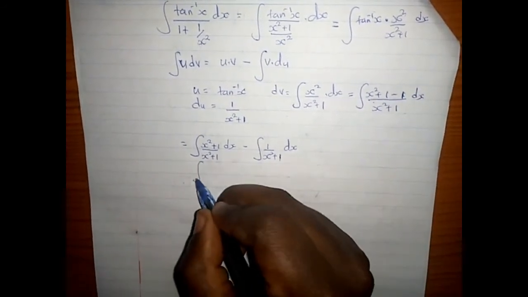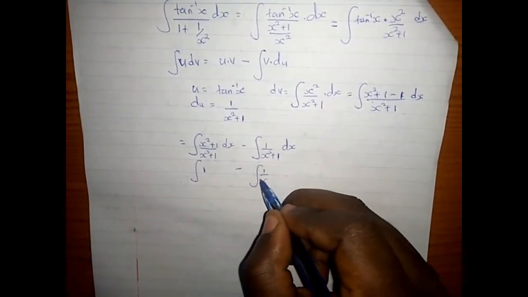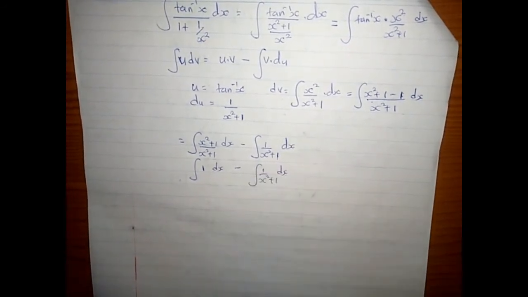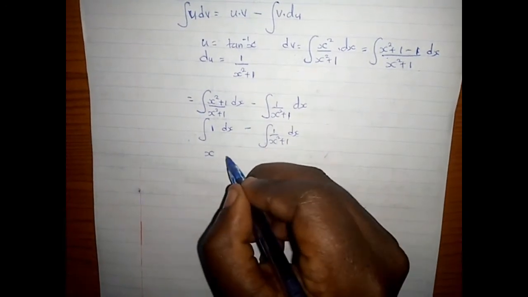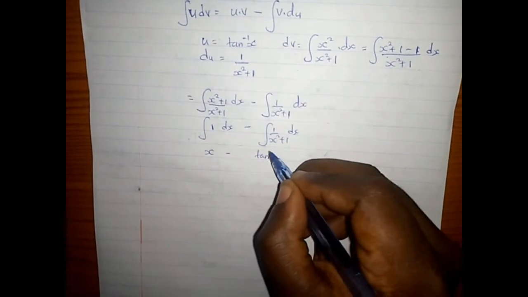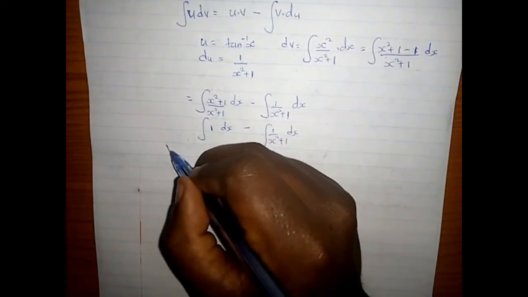So this is the integral of 1 minus the integral of 1 out of x squared plus 1 dx. When you integrate 1, you get x, minus this one. After you integrate this one, you get tan inverse of x, yes. That means this is my v.